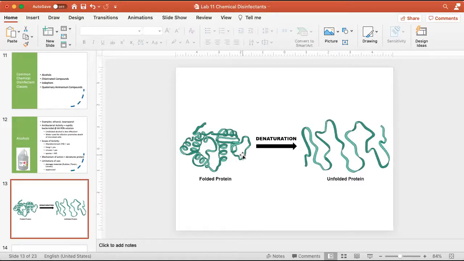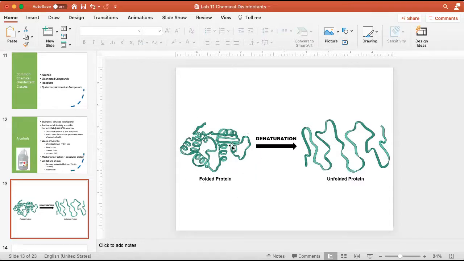What makes one protein different from another is the order that the amino acids are in. Depending on those amino acids and their order, that determines how a protein folds up. You can see there are these helical regions, and then some regions that are planar or flat, and then there are these loops of amino acids. It's a very intricate structure.